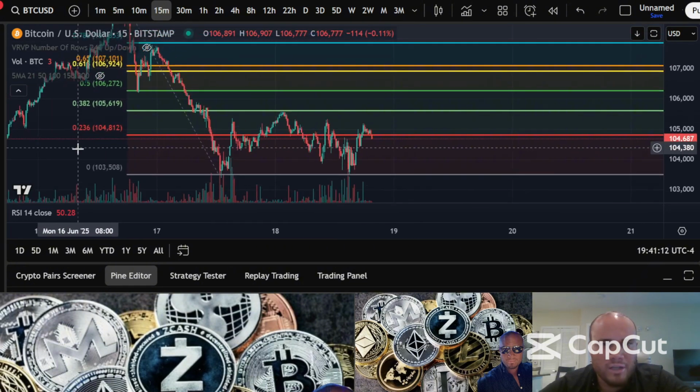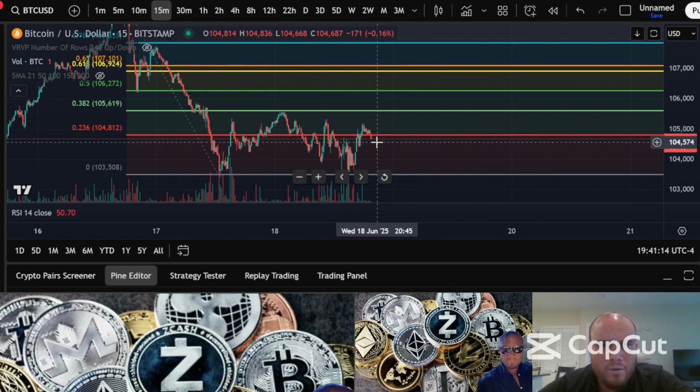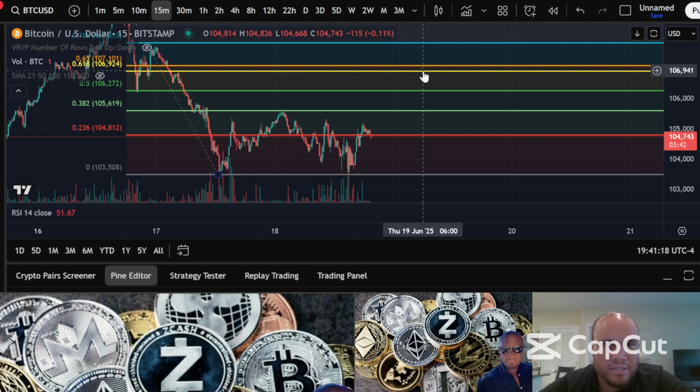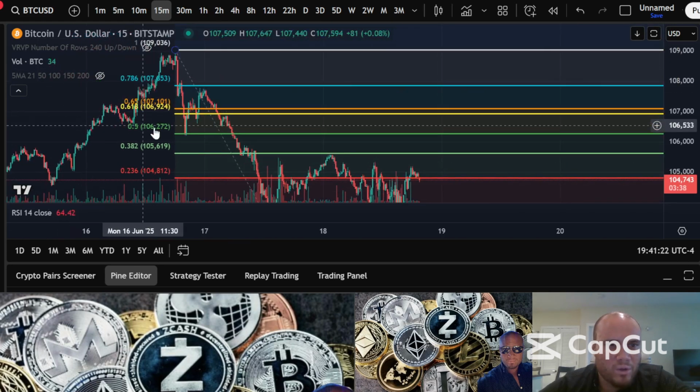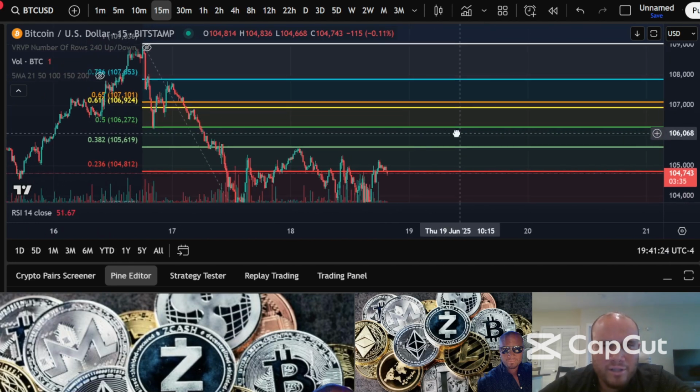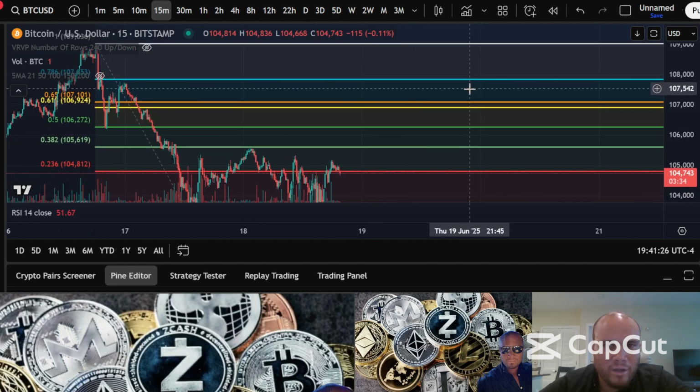And if you're still in this trade on Bitcoin, you might want to consider selling at $106,900 or $107,000, which is where the golden pocket number is, because there's no guarantee that we're going to go higher than that, and this could be where you get a lower high on Bitcoin.